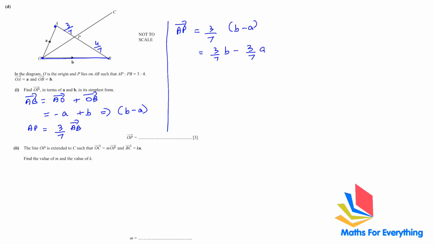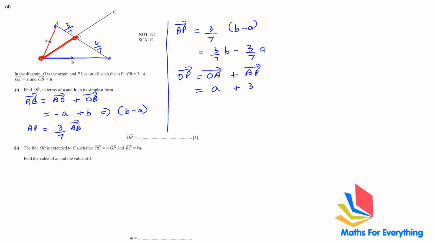And to find OP, you start from O and you finish at P. How can we write that? It will be OA plus AP. What is OA? a.